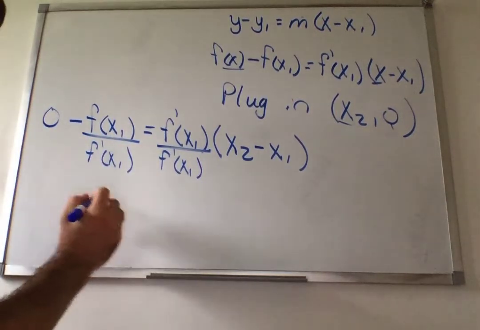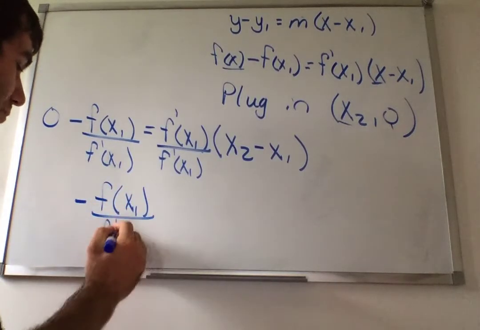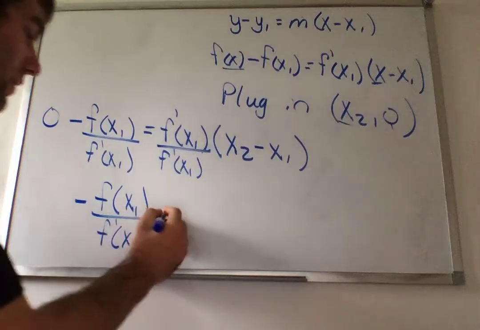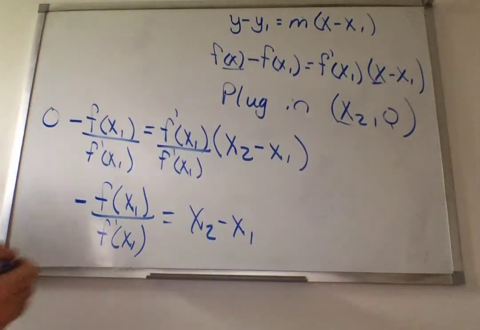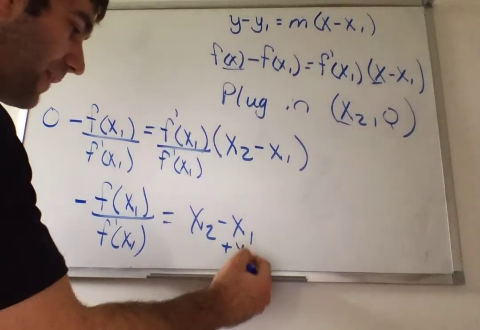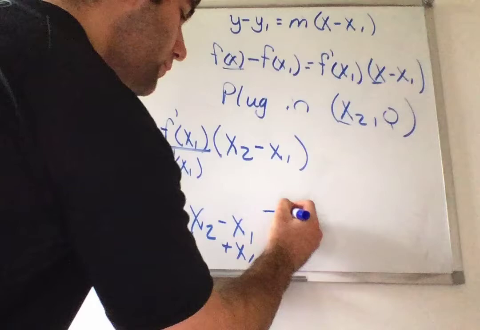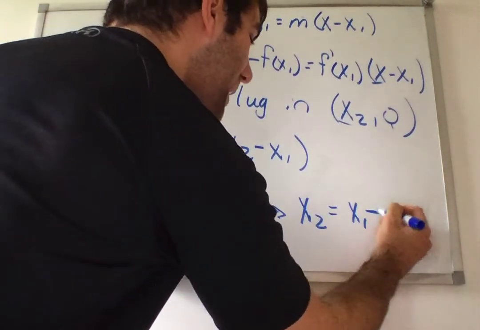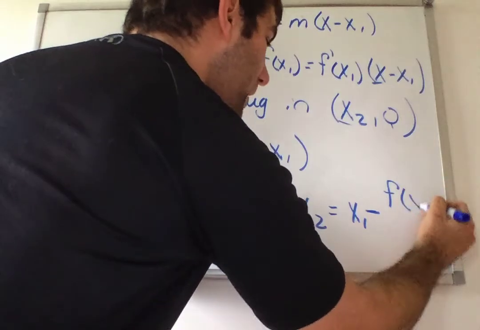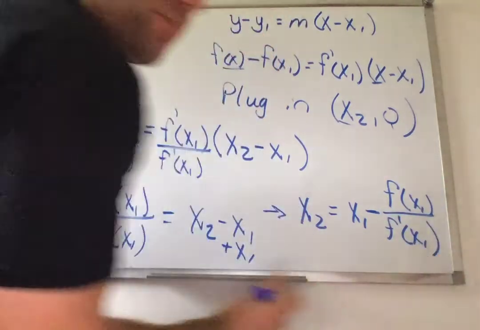I get negative f of x1 divided by f prime of x1 is equal to x2 minus x1. If I solve for x2, I get x2 is equal to x1 minus f of x1 divided by f prime of x1.